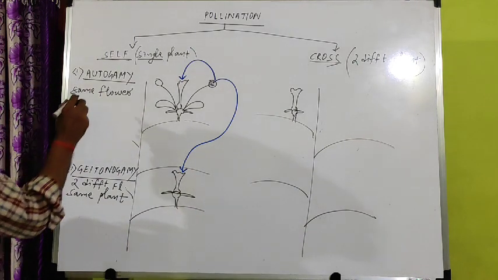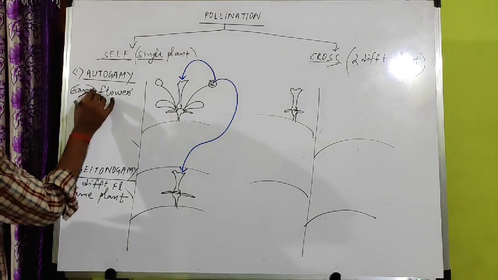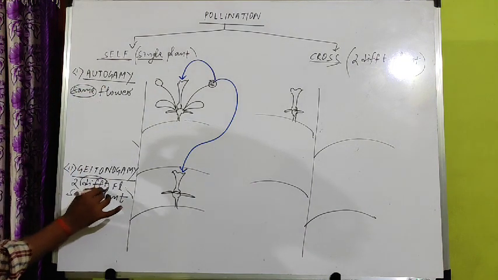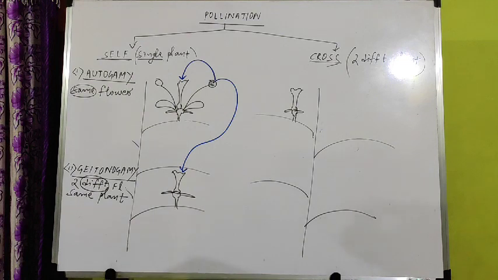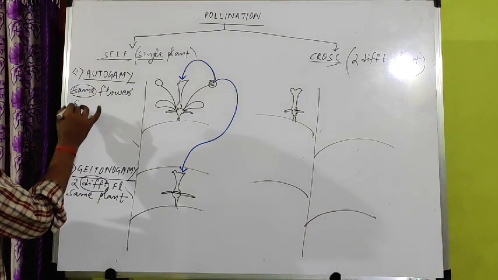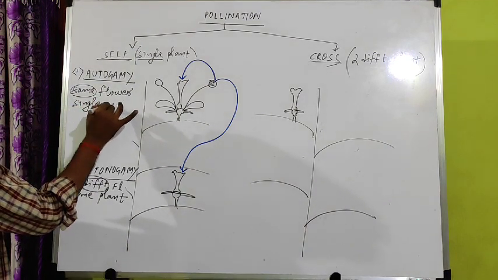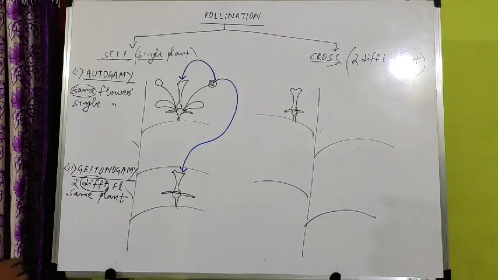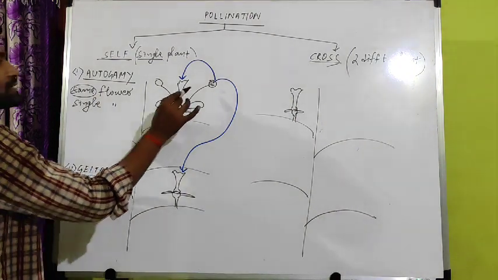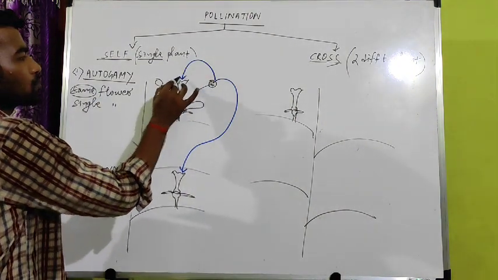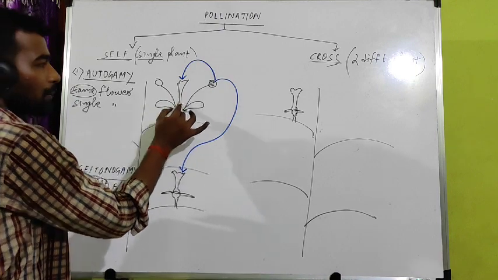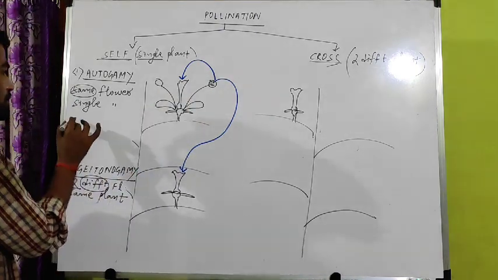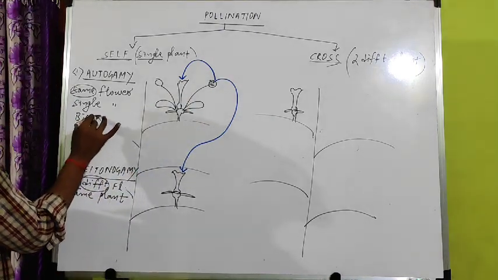First difference: autogamy takes place in a single flower, but here two different flowers are involved. Same flower means single flower, only one flower is involved. Another difference: as autogamy is a transfer of pollen grain from anther to stigma of the same flower, a stamen and a carpel are both present, so the flower should be bisexual.